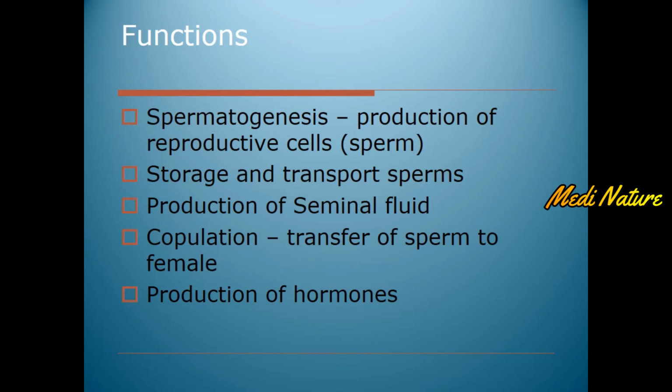The male reproductive system is also important for the process called copulation, that is the transfer of sperms into the female body. And also it is important for the production of male reproductive hormones.